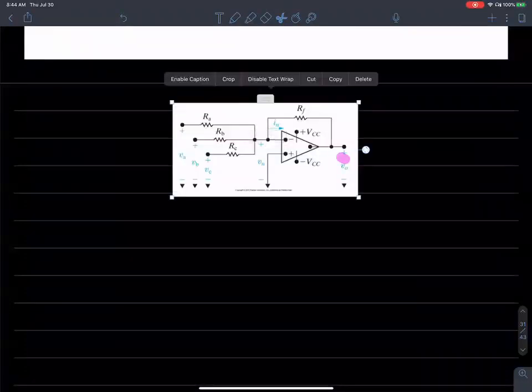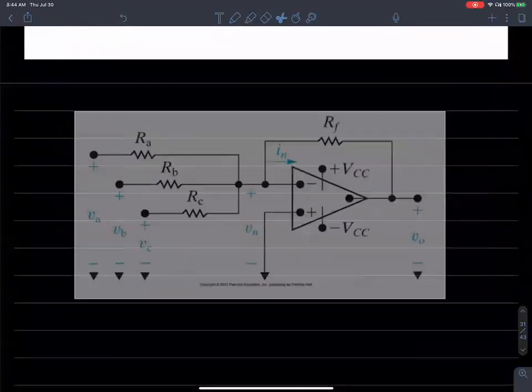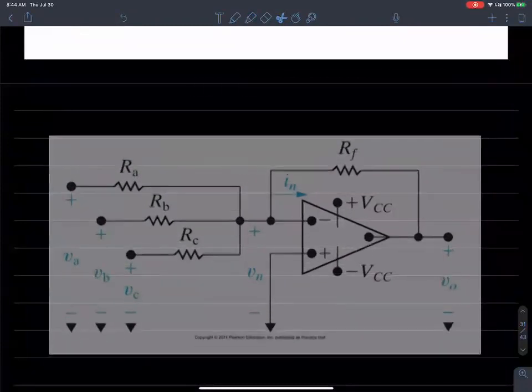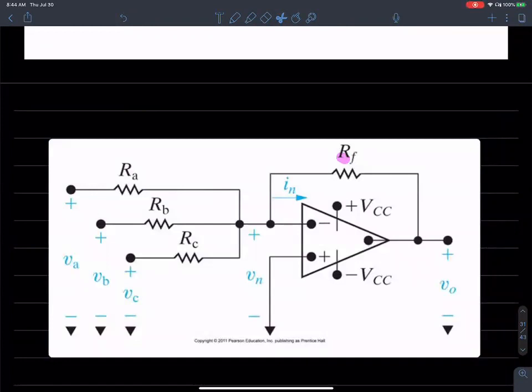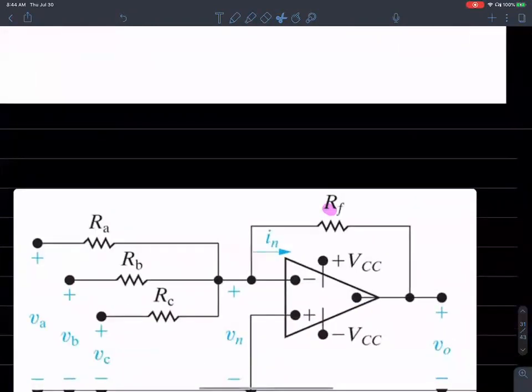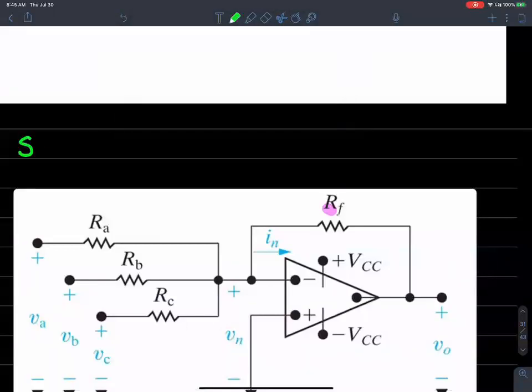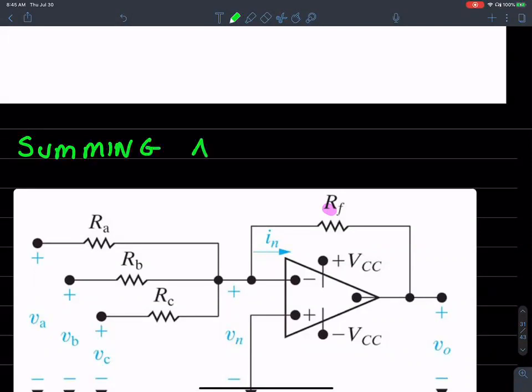Let's see if I can paste it. Here is what I'm going to do. This is a non-inverting amplifier. This is an inverting amplifier. I'm sorry, this is a summing amplifier. So let me write it as summing amplifier.